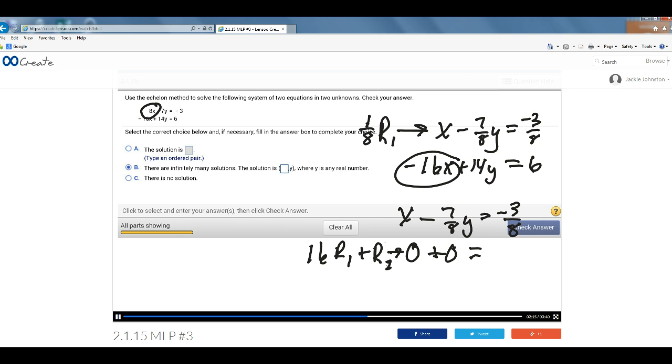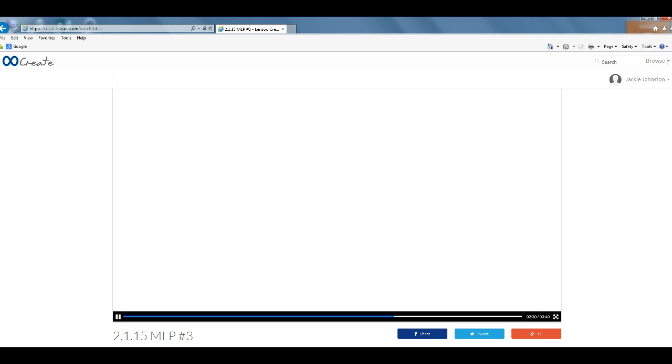And then 16 times negative 3/8, 8 goes into 16 twice, that's going to be negative 6. Negative 6 plus 6 is 0. So we end up with my x minus 7/8y equals negative 3/8, and zeros all across the bottom.